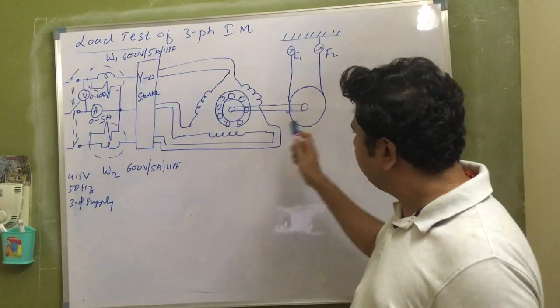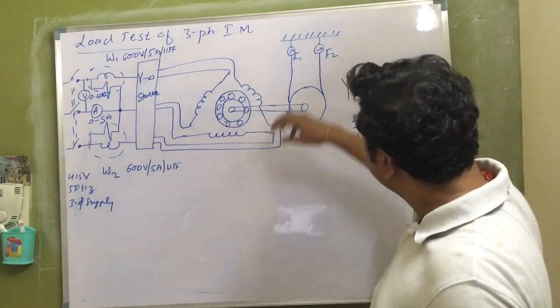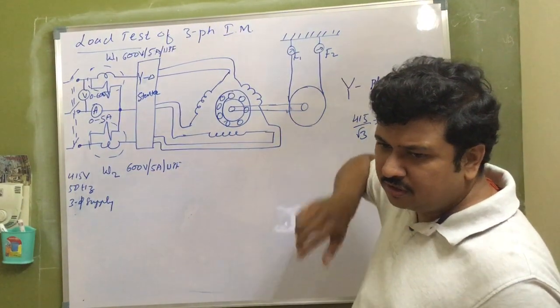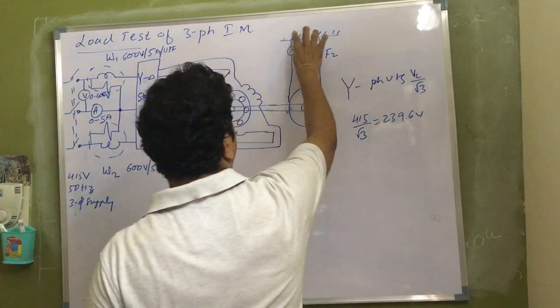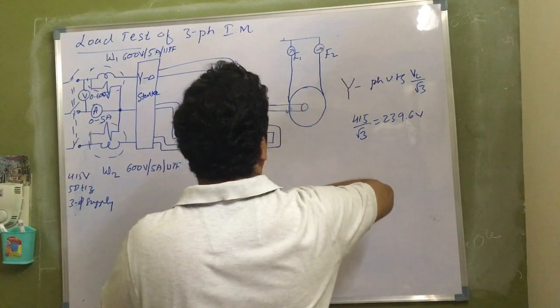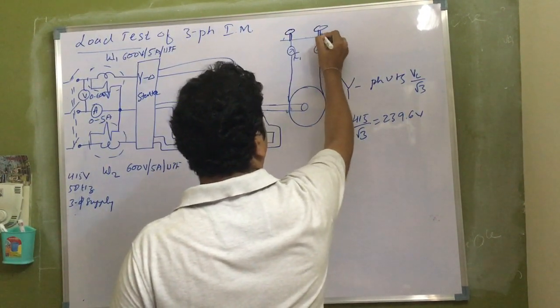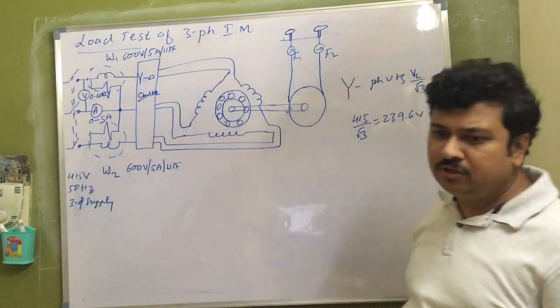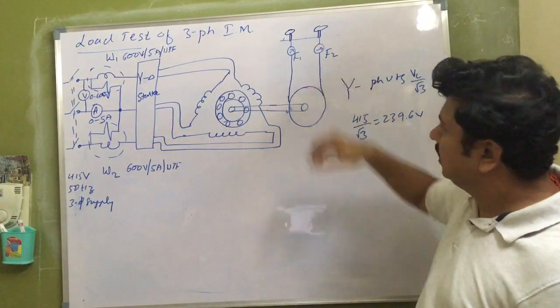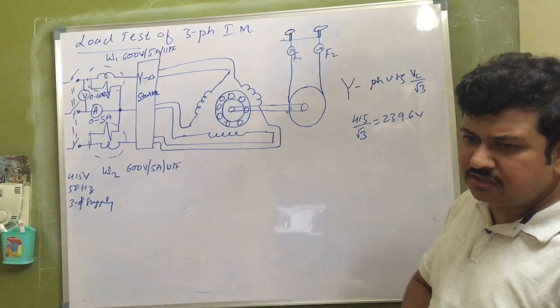Once the motor is started at no load, then slowly we increase the load, because the load is increased by rotating the wheels connected to the brake drum arrangement and spring balance arrangement.